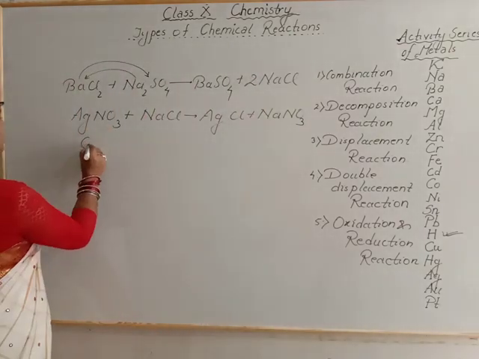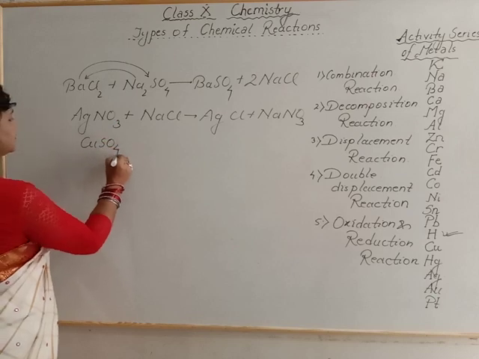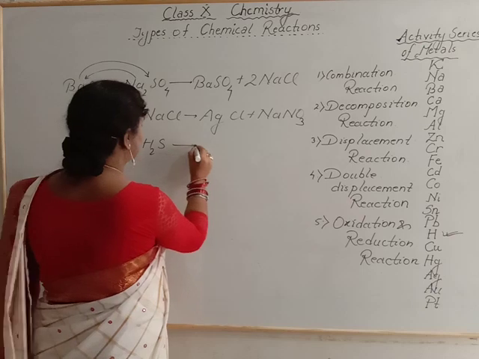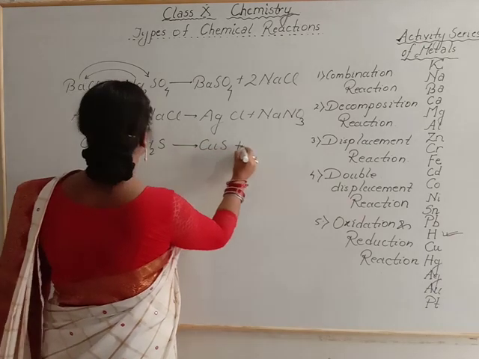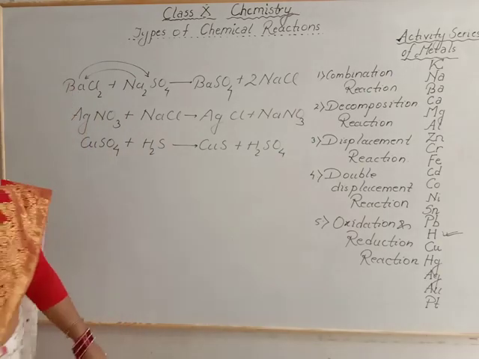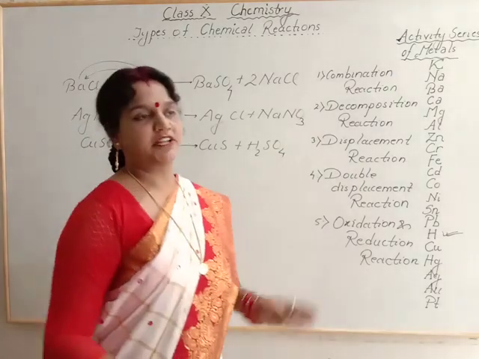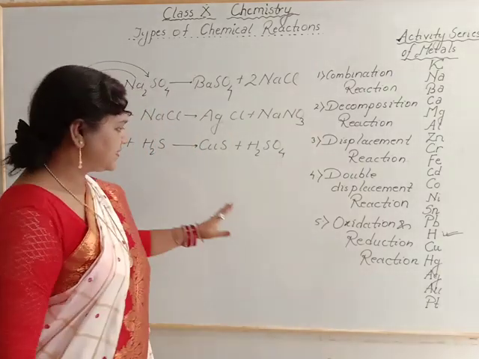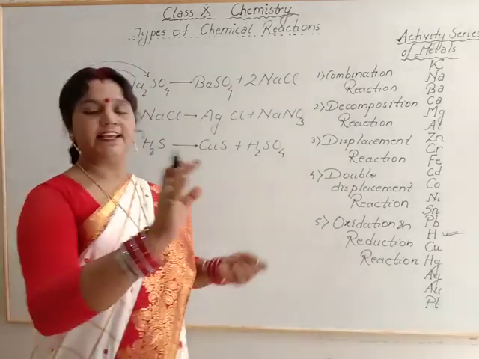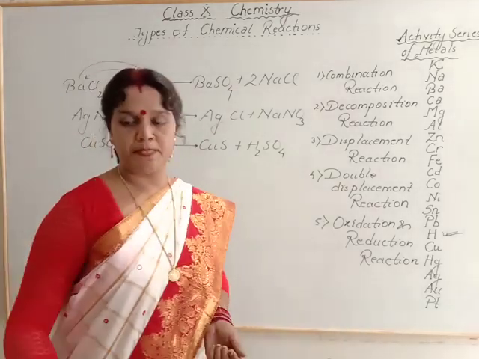One more example, copper sulfate plus hydrogen sulfide. Now what happens? It forms CuS plus sulfuric acid. We can say that there is only exchange of partners in case of double displacement reaction.